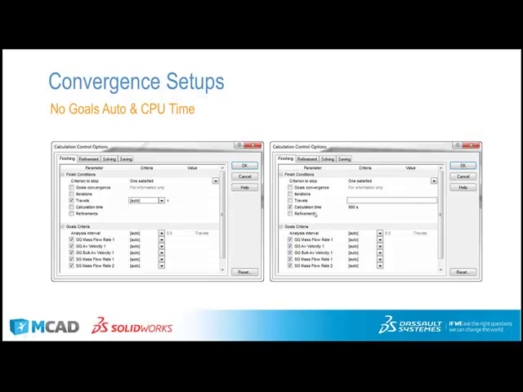Another one I've done is I've given it a fixed time window. I looked at approximately, from rule of thumb, how long one of these solves might take if the solver was just by itself, and I gave it a CPU time equivalent. That's 15 minutes, 900 seconds.